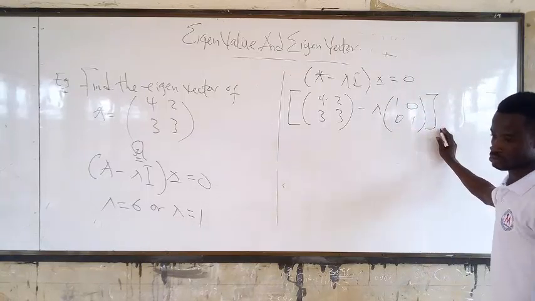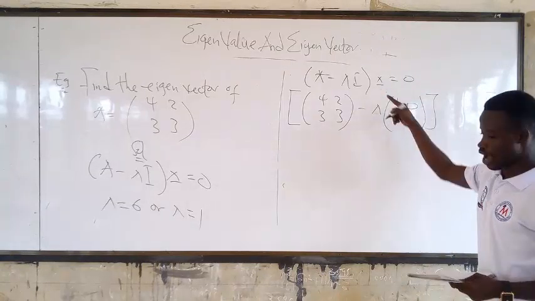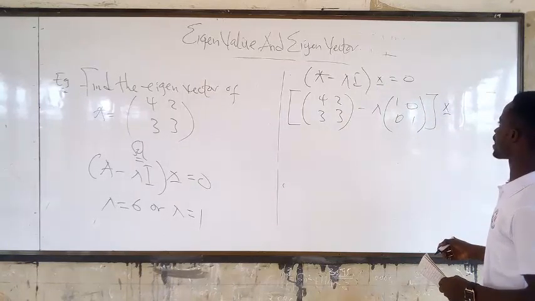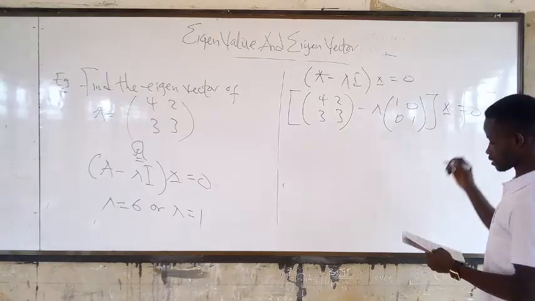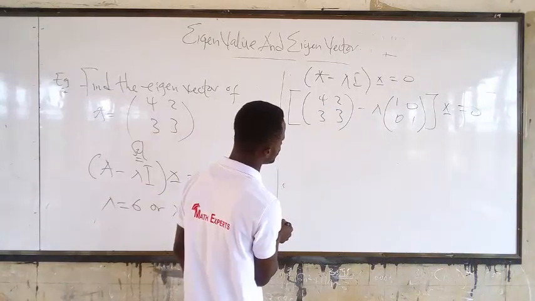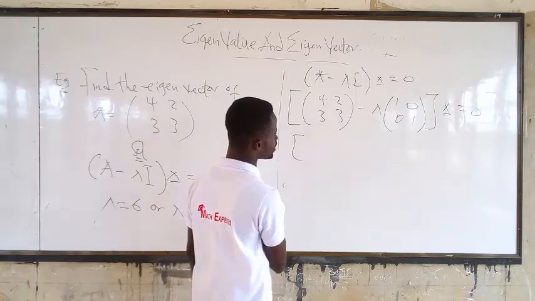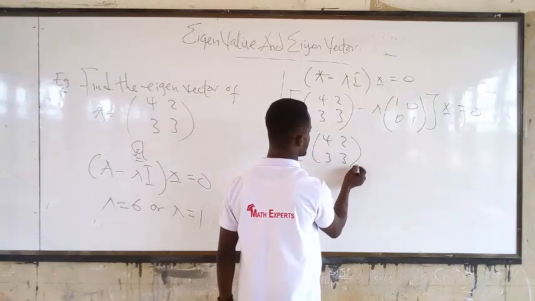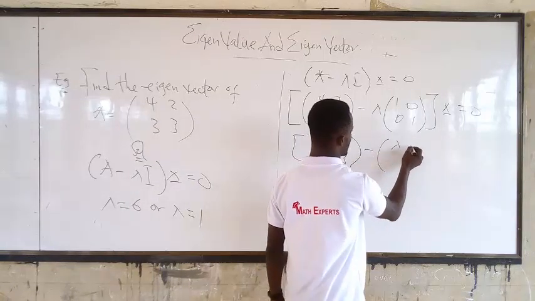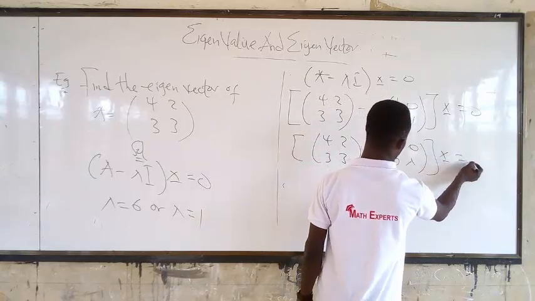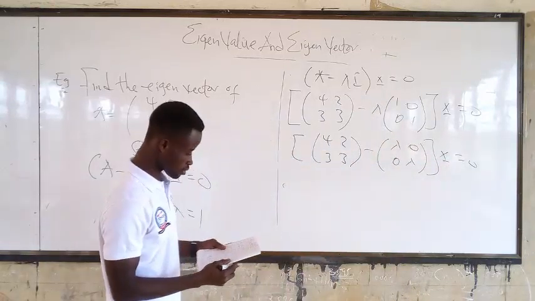Then, if you repeat that, it is equal to what? 0. Good. So now let's move on. With this, we are going to get 4, 2, 3, 3 minus lambda, 0, 0, lambda, is equal to 0.